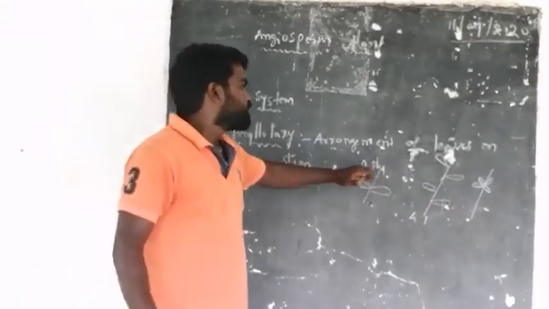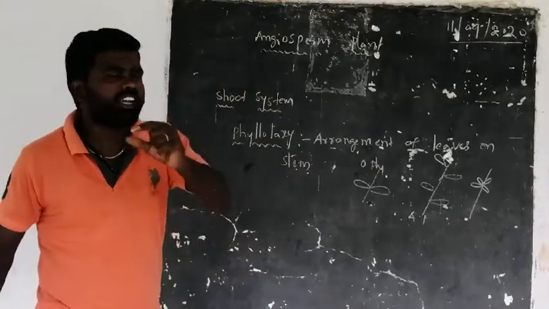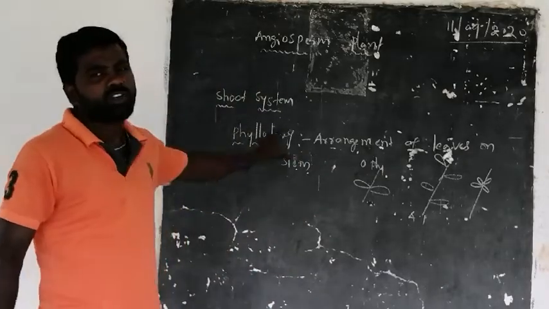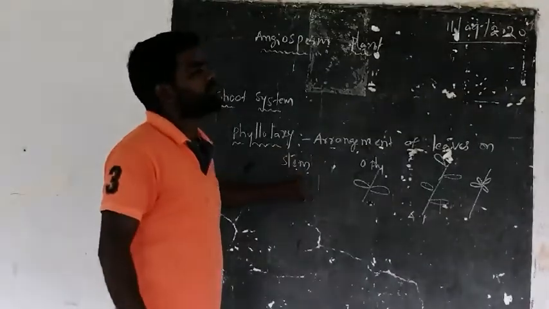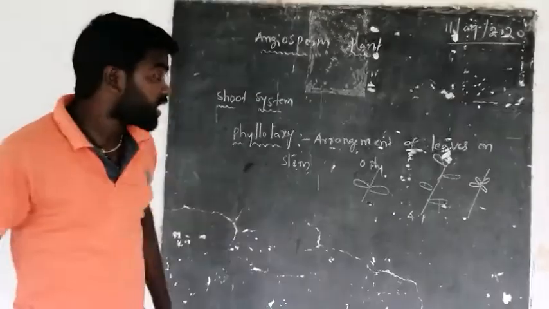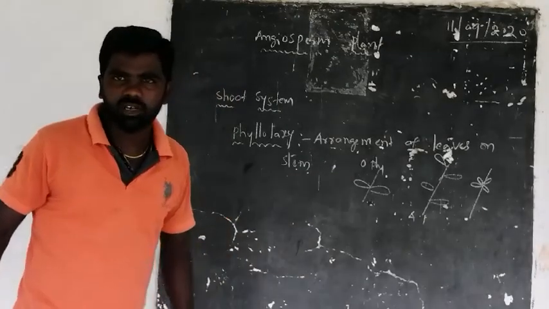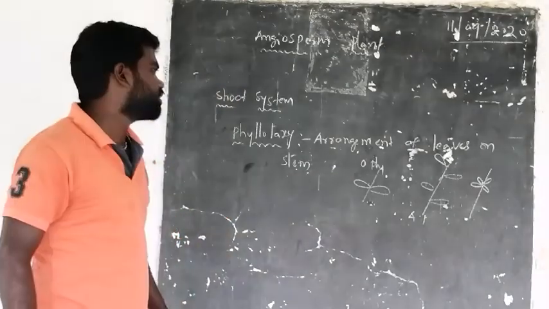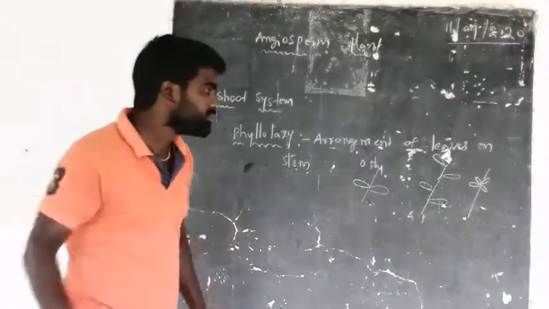You don't need to think about these types of phyllotaxy. Just try to remember that phyllotaxy means the arrangement of leaves on the stem. The types of phyllotaxy will be discussed under your syllabus, when we start it, and I will discuss them deeply.